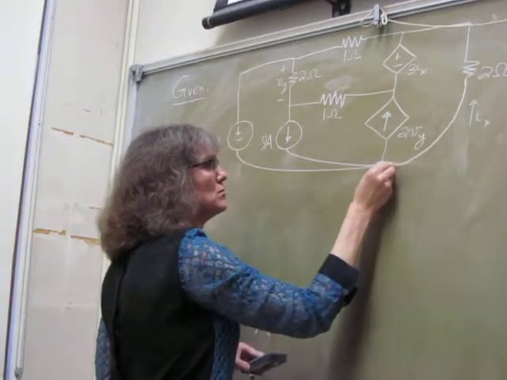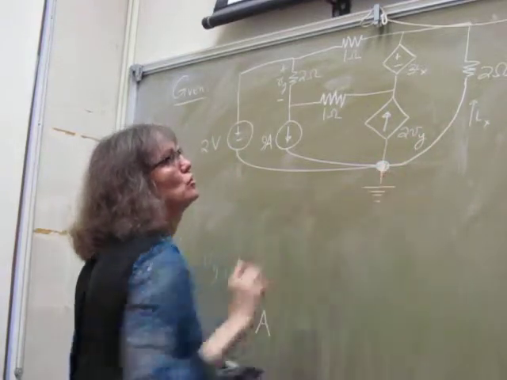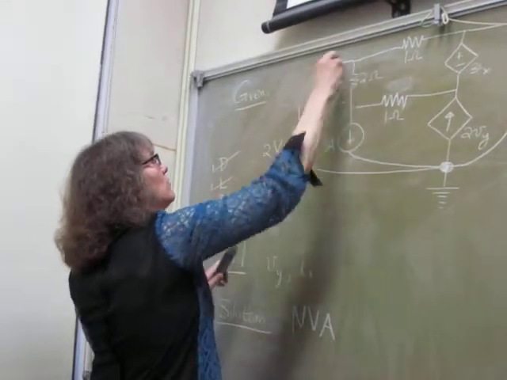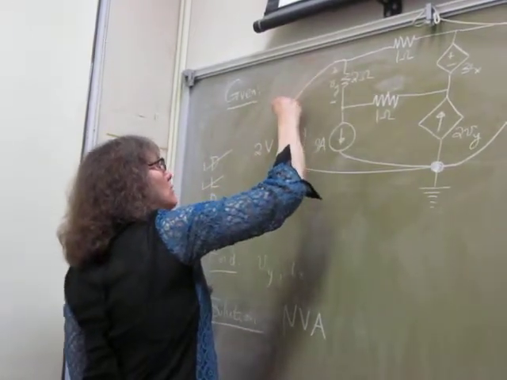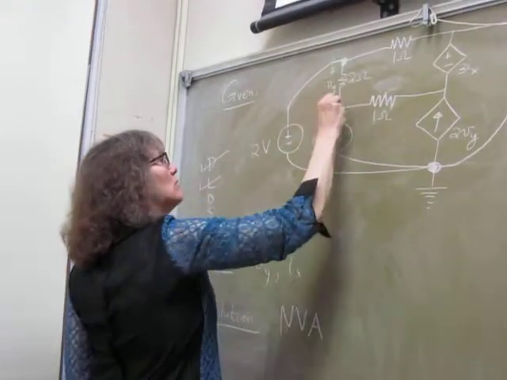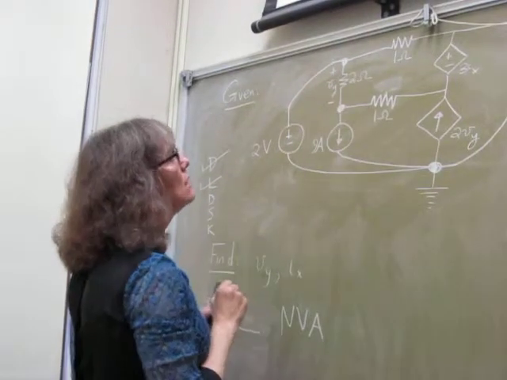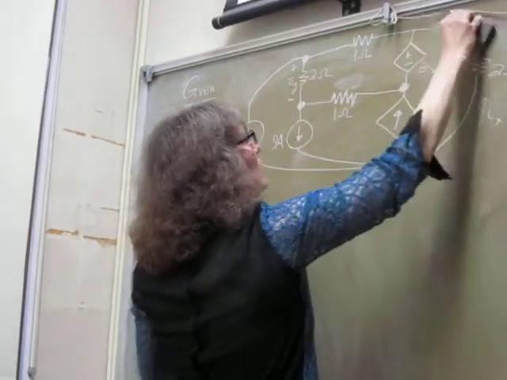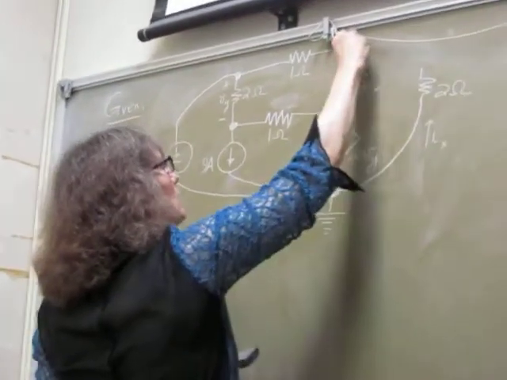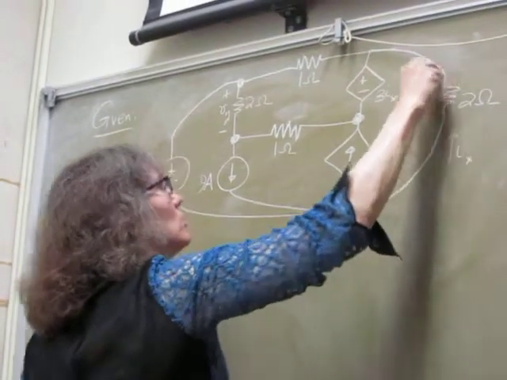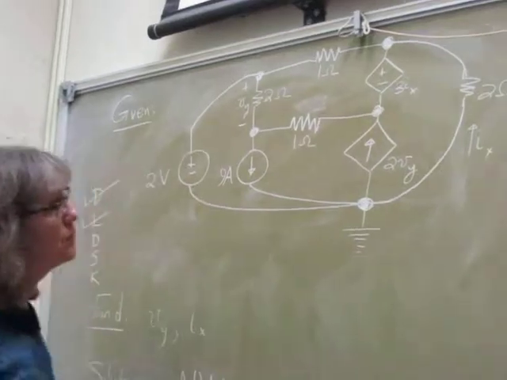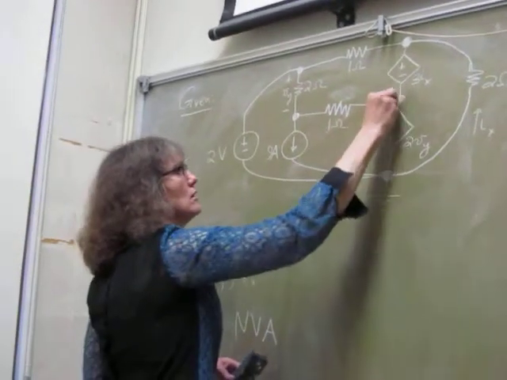There's no reason for it to be square, even though textbooks like to show it that way. And so we've got another node here, a node here, a node here. I'm going to round that corner too. So now here's the circuit with all of the nodes. I haven't really labeled them yet, but I've identified the nodes.